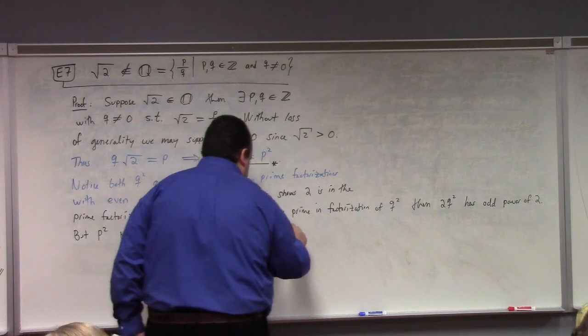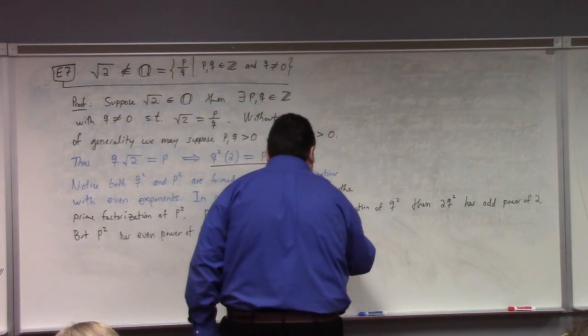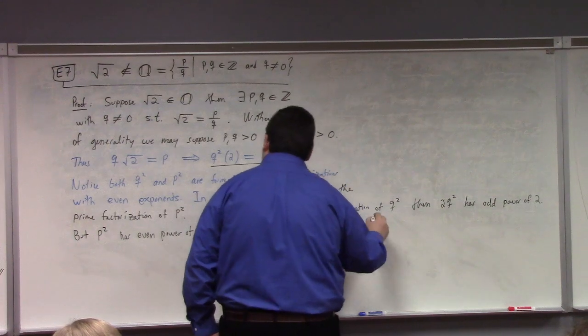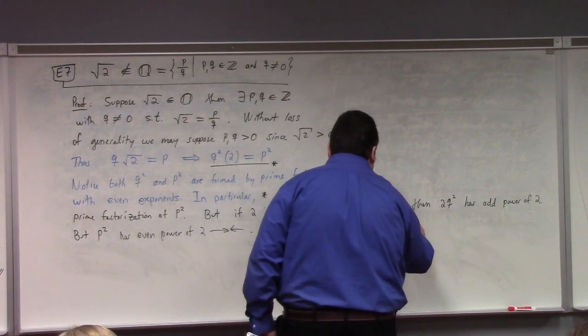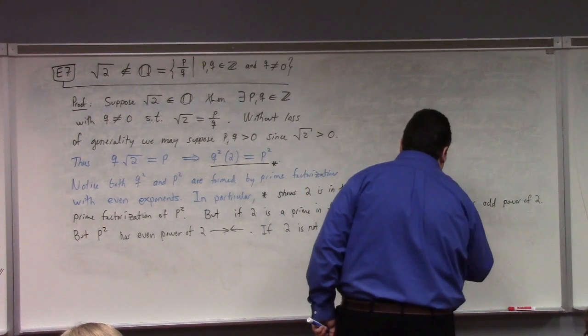On the other hand, if 2 is not a prime factor of q squared, then we also get a contradiction, right?